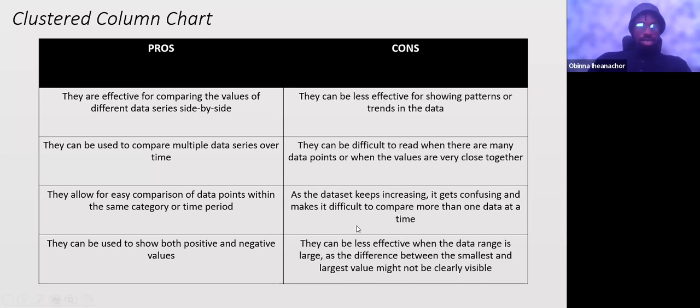And the cons: can be less effective for showing patterns or trends in data, can be difficult to read when there are several data points or when the values are very close together. Also, as the data set keeps increasing, it gets confusing and makes it difficult to compare more than one data point at a time. Also, it can be less effective when you have a large data range.